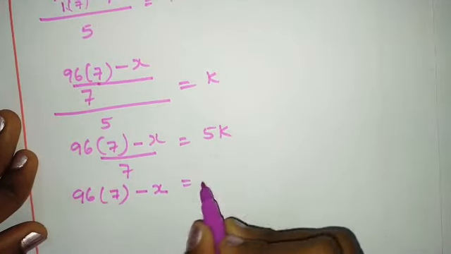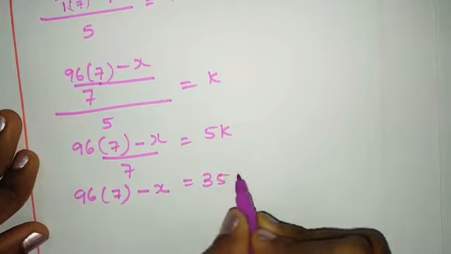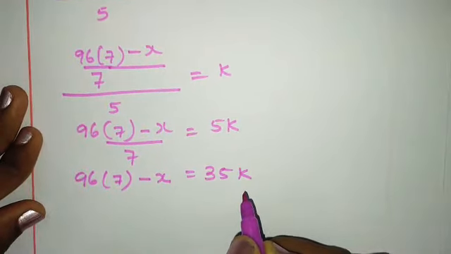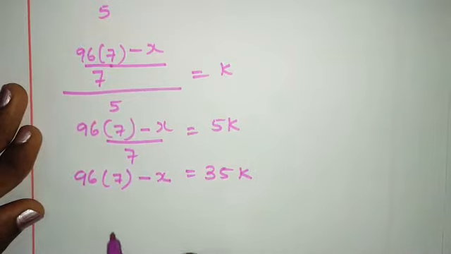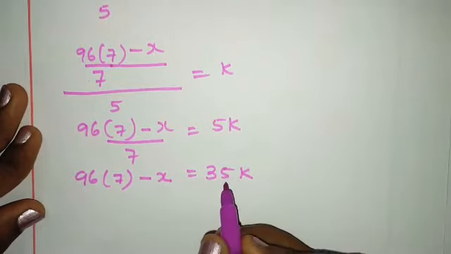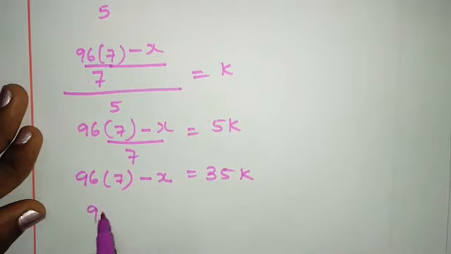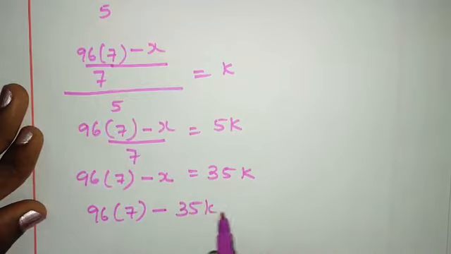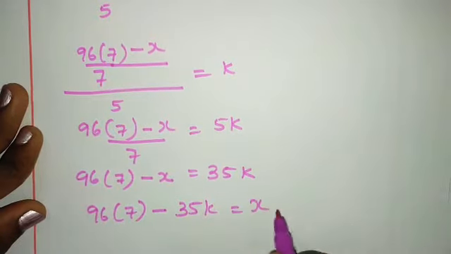So 7 5s are 35k. Got it? So 35k. Now shift, it is minus x, right? So if I shift that side, it becomes plus x. So 96 into 7 minus 35k is equals to plus x.